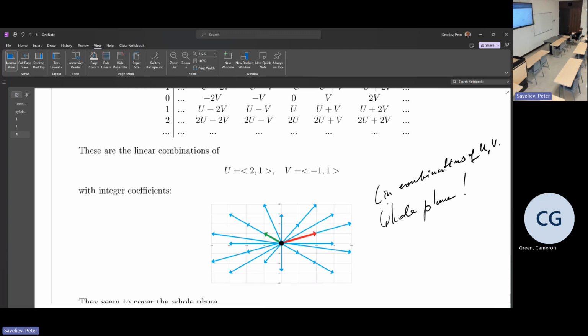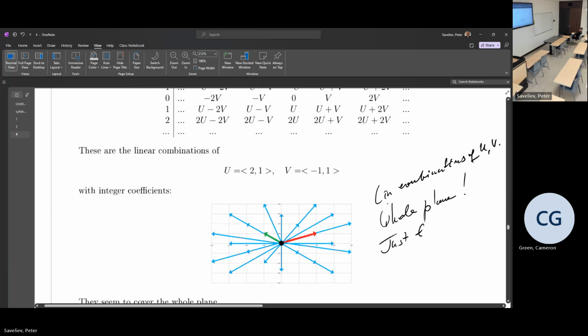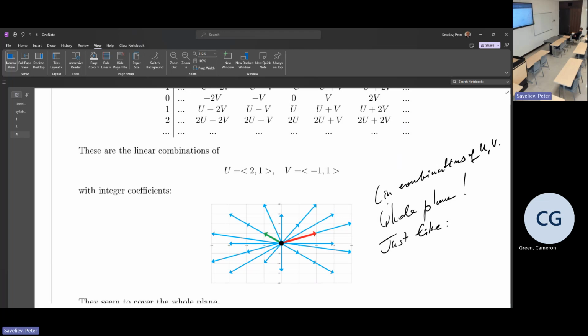When did we recently have a very similar situation? Linear combinations of two vectors produce the whole plane. What's the easiest choice of those two vectors? Linear combinations of two vectors taken together cover the whole plane. That's the picture that you're looking at.